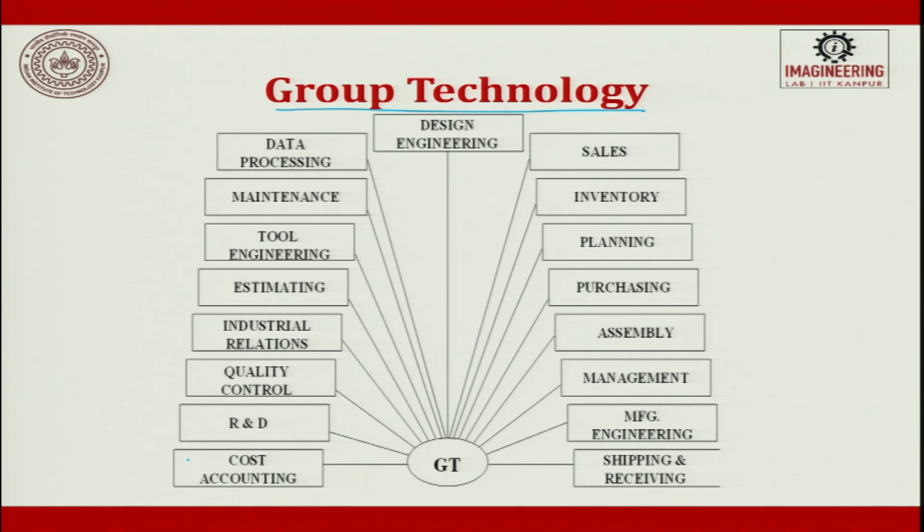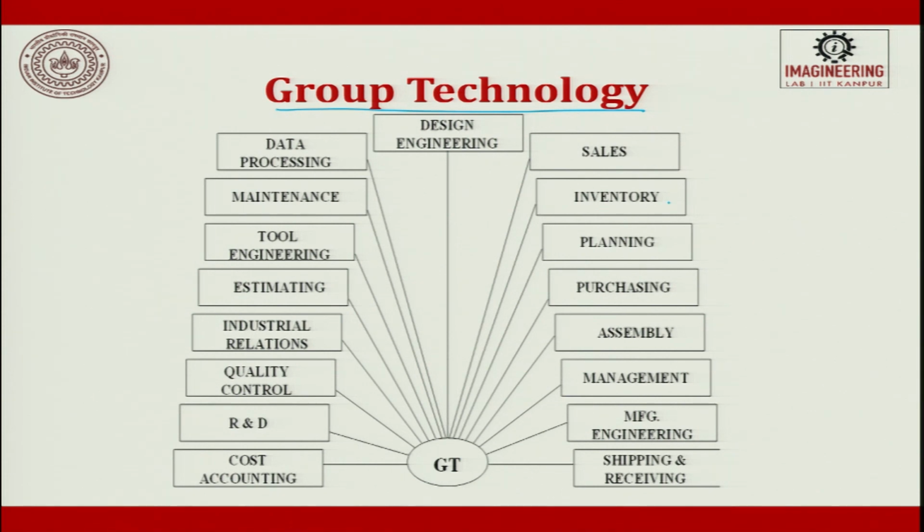It takes costing, R&D, quality control, IR, industrial relations, estimating either in terms of time or money, tool engineering wherein we talk about jigs, dies, fixtures, then gauges for measurement, maintenance, predictive maintenance, preventive maintenance, data processing, design engineering, we look into sales. All these things get input from GT.